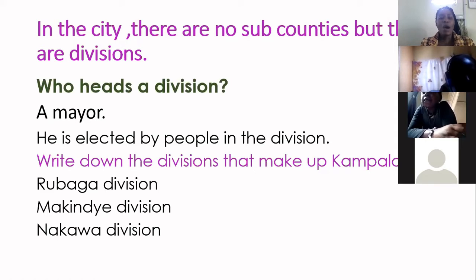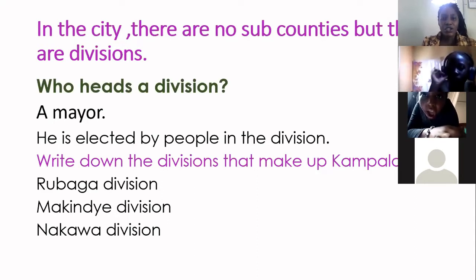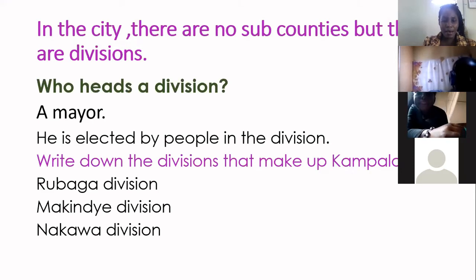Learners, we have our question, and the question says, who heads a division? Now, as we have said that here in towns, we have divisions, and they are headed by a mayor.